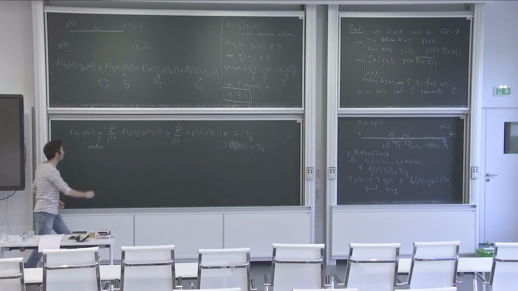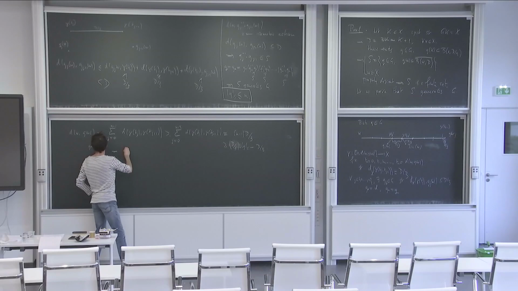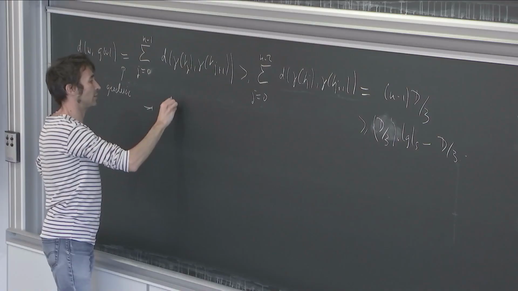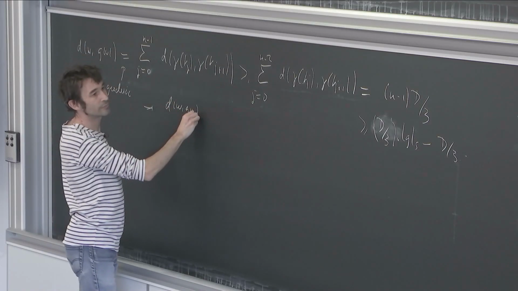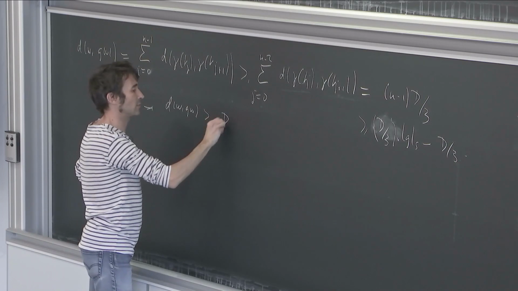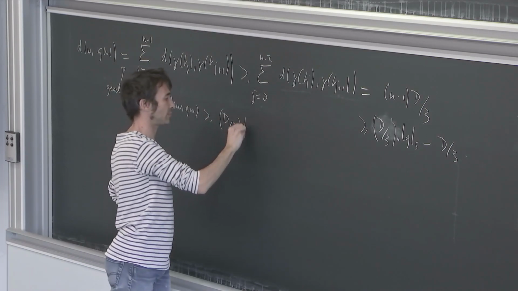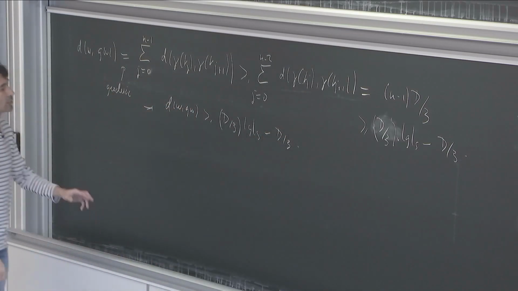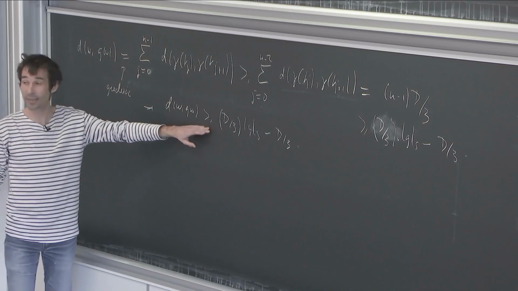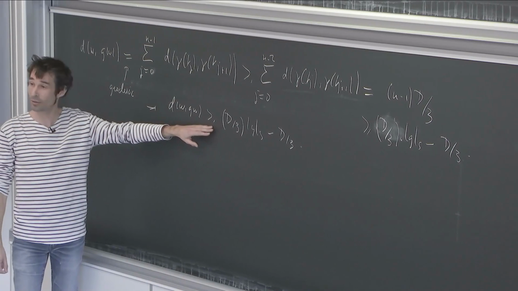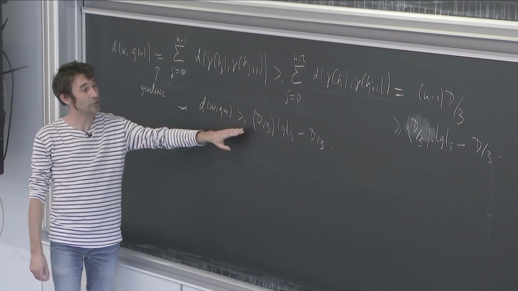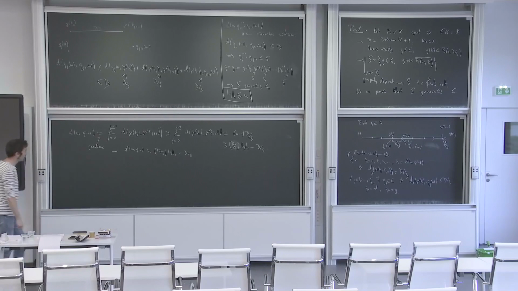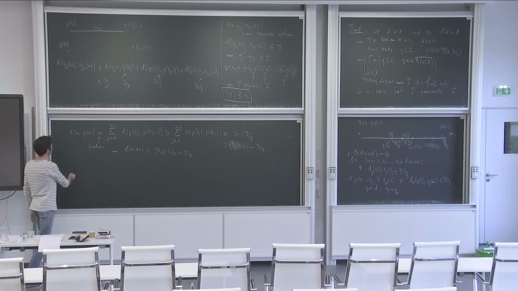Okay, so here what I proved is that the distance of W to G of W is at least this. So here I have the lower bound in my definition of a quasi-isometry. And now for the upper bound, it's even easier than that.